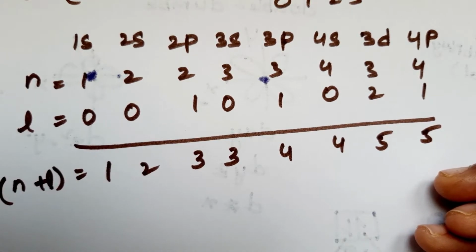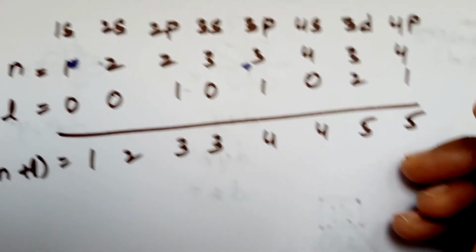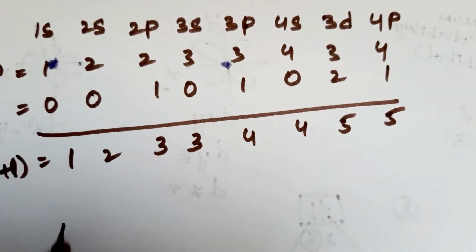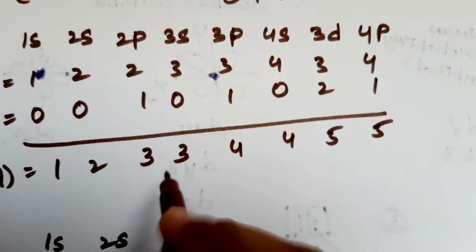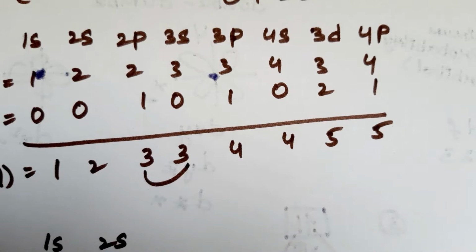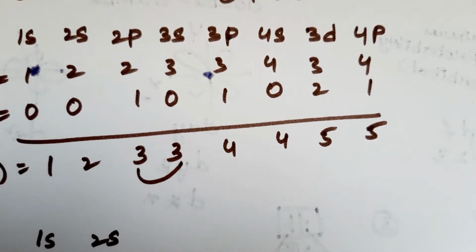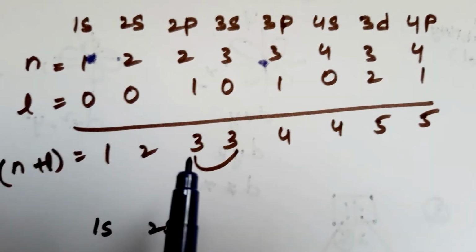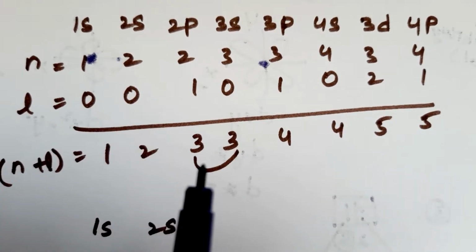Based on this, first electrons enter into which orbitals? First we see 1s, then 2s. On observing these two, the n plus l values are the same. We know that the orbital with the lowest n value is filled first.